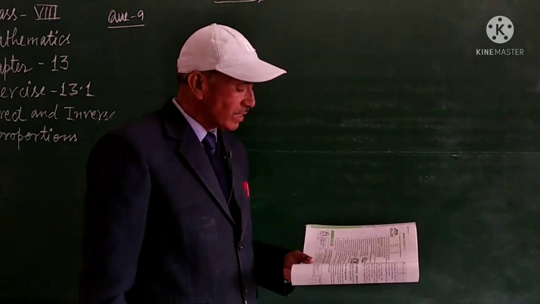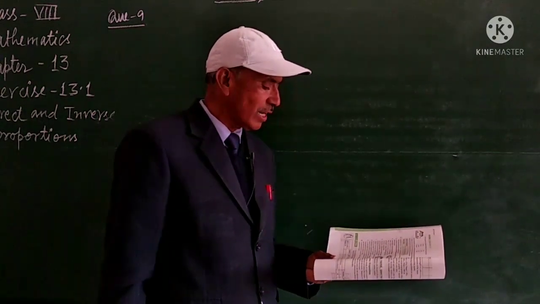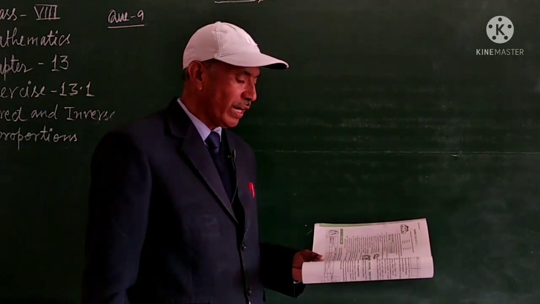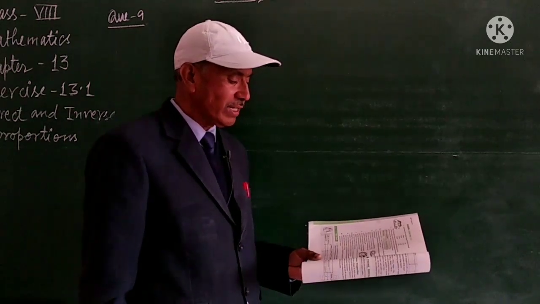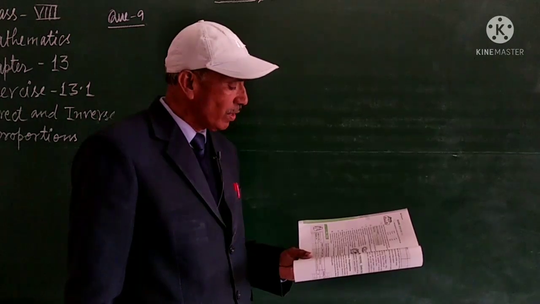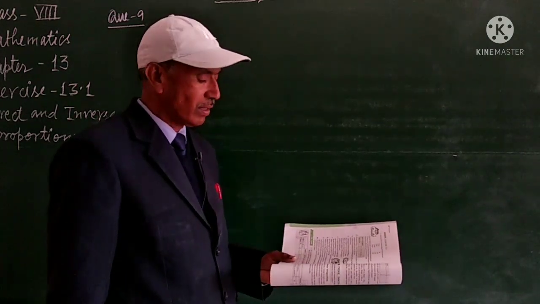Find, at the same time, first, the length of the shadow cast by another pole 10 meter 50 centimeter high. And second part of this question, the height of the pole which casts a shadow 5 meter long.